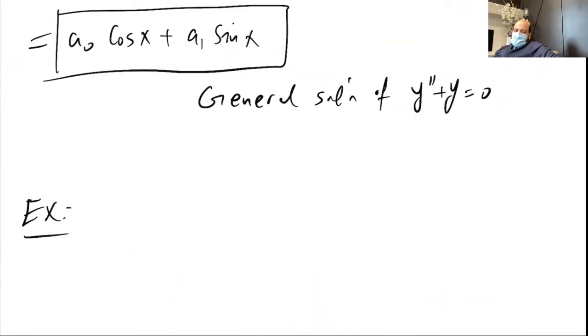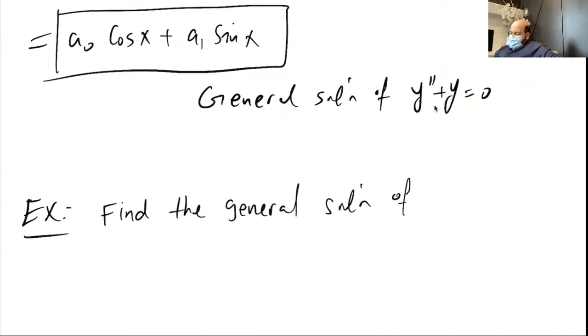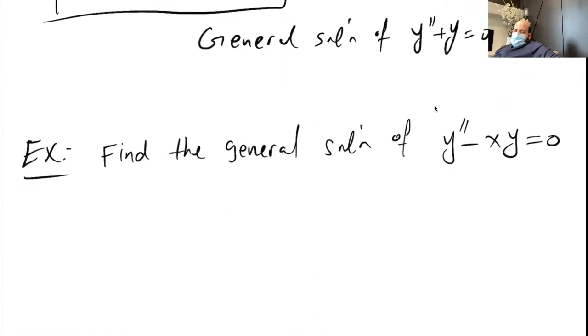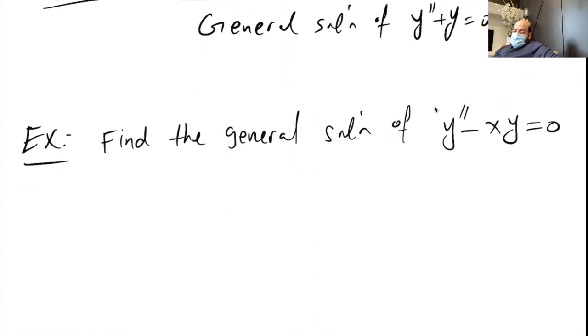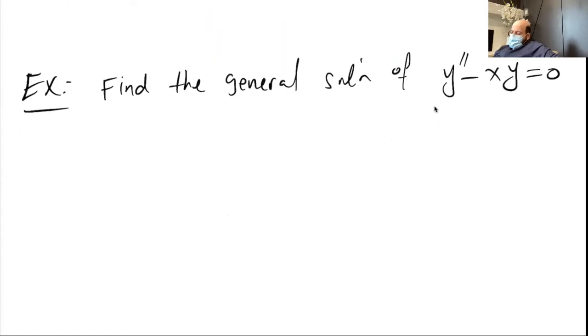Now let's look at the next example. Let's say we want to find the general solution of y double prime minus xy equals 0 near x0 equals 0.